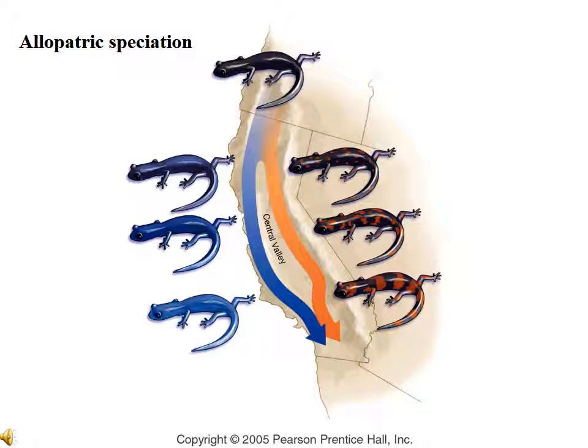Now, a barrier developed between the salamanders on the western coast and the salamanders on the eastern part of California. The conditions on the west and on the east were quite different. As a result, over many thousands of years, a population of salamanders evolved that could best meet environmental challenges.